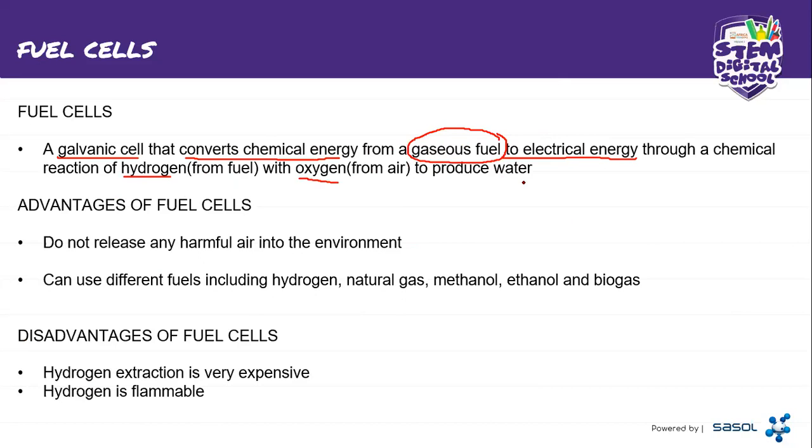produce water. So in a fuel cell, remember, my dear learners, if we ask you what the product is, you must know that the product is water.